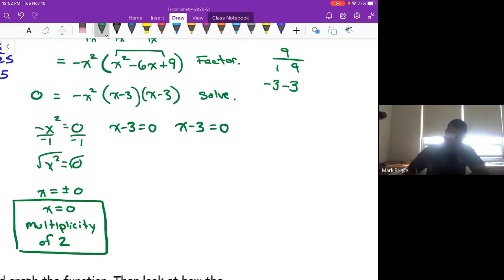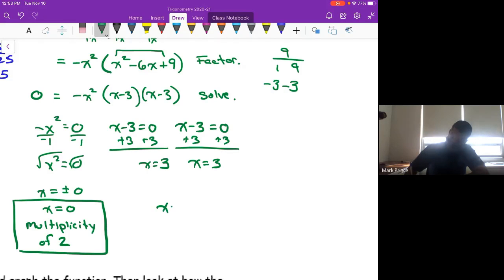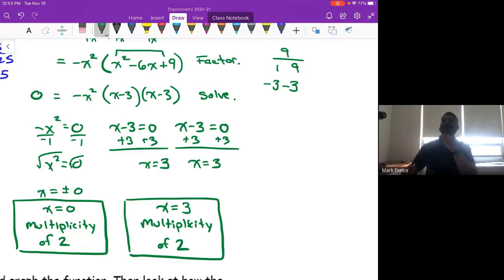All right, and then we solve these out. They're going to end up being the same answer. So then we say x equals 3 with a multiplicity of 2.